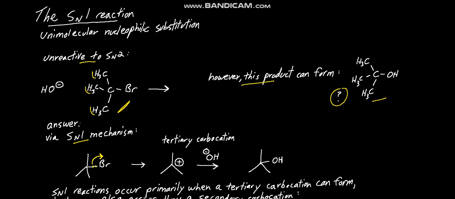When these 2 electrons comprising that bond depart with the bromine, we get a tertiary carbocation here. The OH minus can come and form a bond directly to that, giving us our product that we see above. And for completeness, you could say that you have Br minus forming over there.